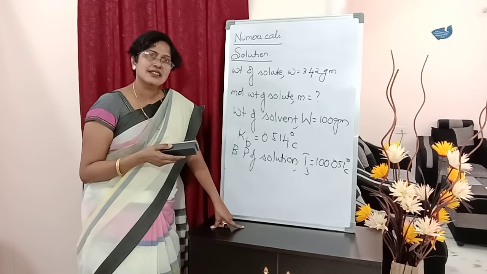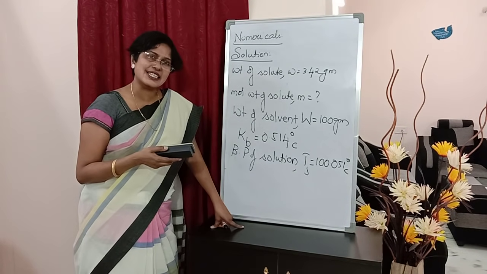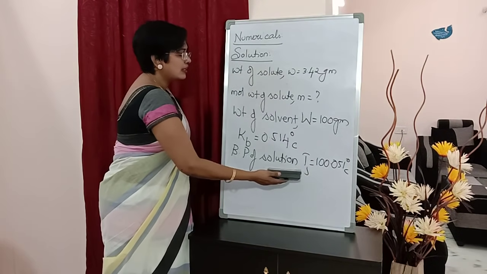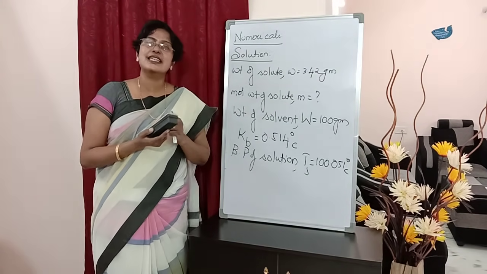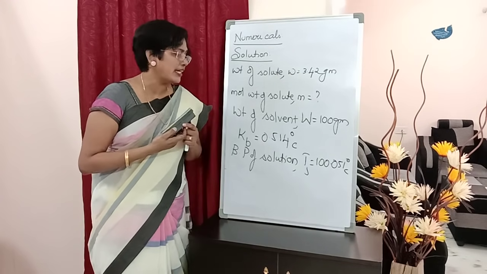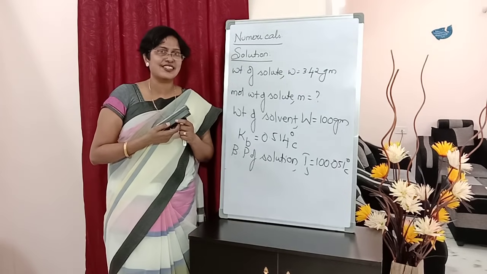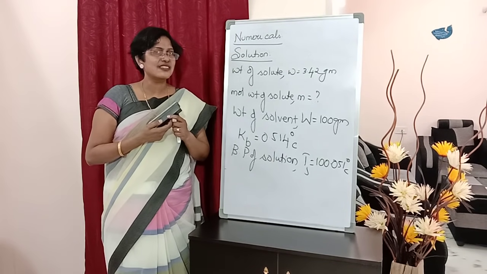Next, the solution boils at means the boiling point of the solution, denoted by Ts, is equal to 100.051 degrees centigrade.